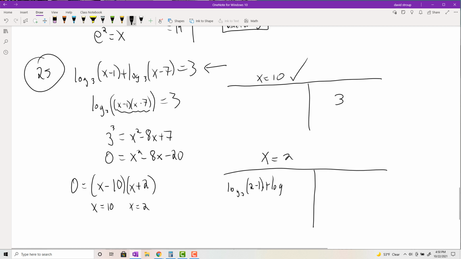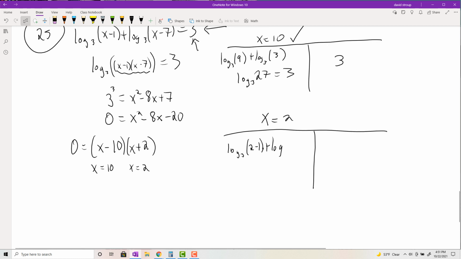You can't shortchange it. So anyways, log of 10 minus 1 is 9 plus log base 3 of 10 minus 7 is 3. Those are both okay. The issue is when you have a negative inside the log, is what I'm trying to get. So this will be log base 3 of 27, and of course that equals 3. It works.